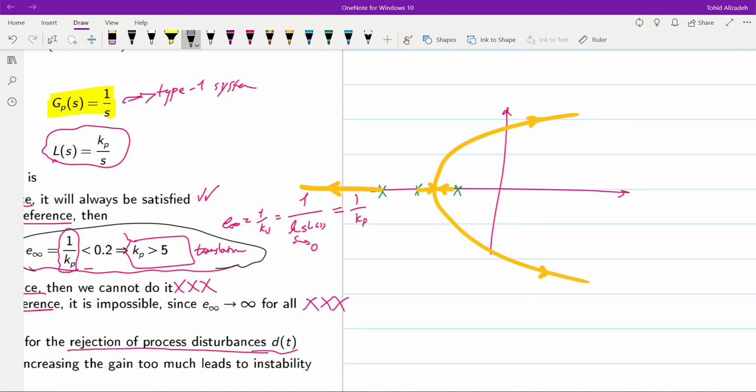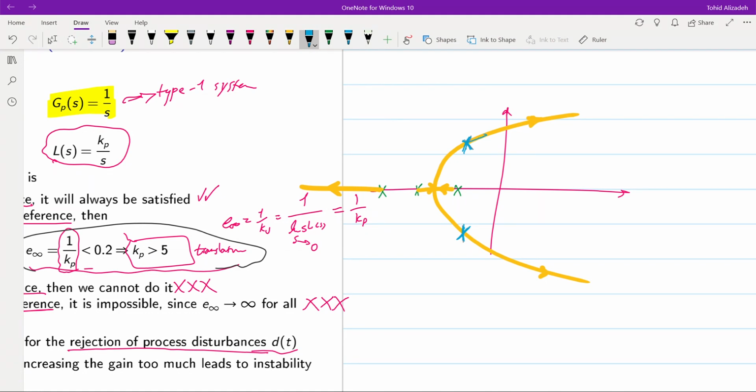Now, if the requirement for the transient response and the steady state error are such that we place the closed loop poles of the system over here, and then the requirement on the, let's say, steady state error gets tightened, meaning that we need to increase the gain even more in order to make the steady state error smaller.